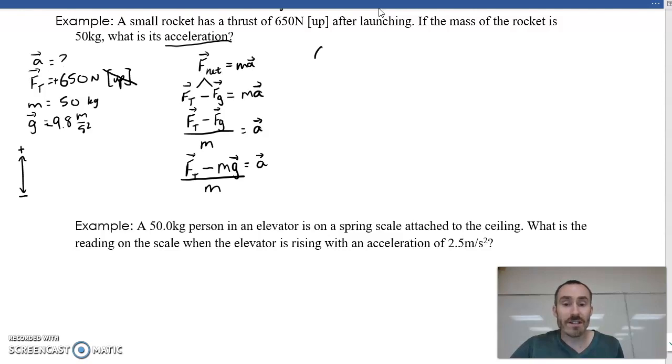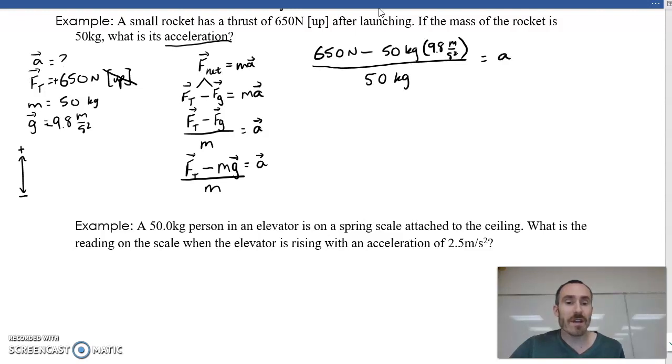So the force of thrust is 650 newtons minus the mass, which is 50 kilograms, times 9.8 meters per second squared. And I'm going to take all of that and divide it by the mass again. And that is going to give me my total acceleration of this rocket.